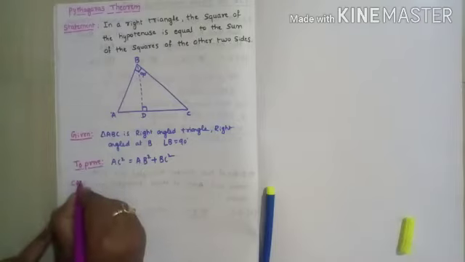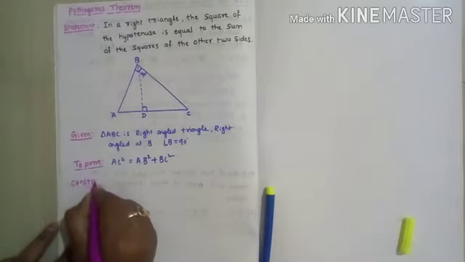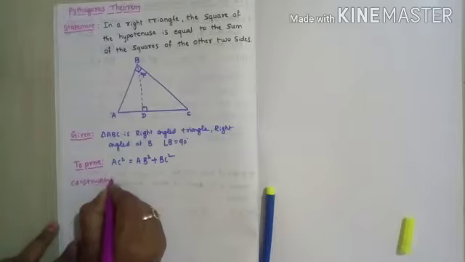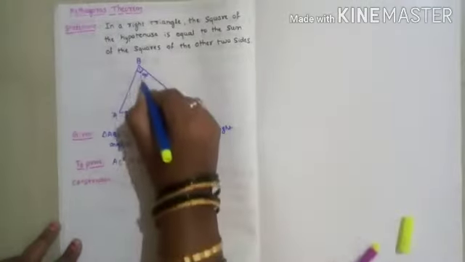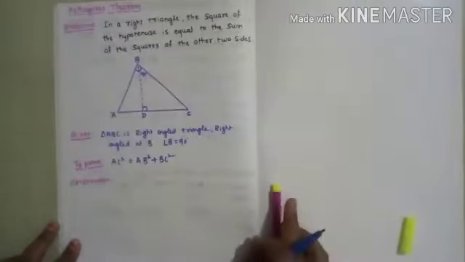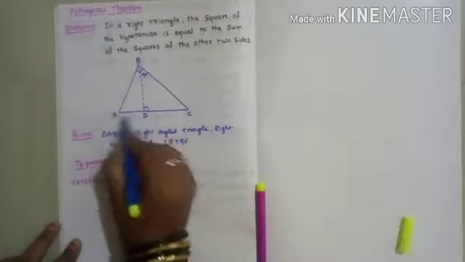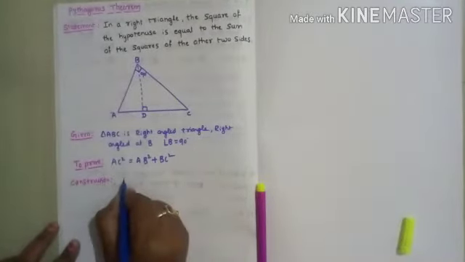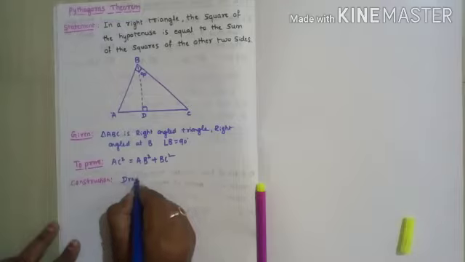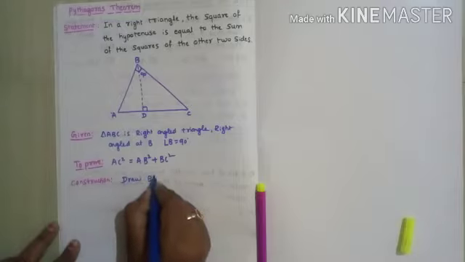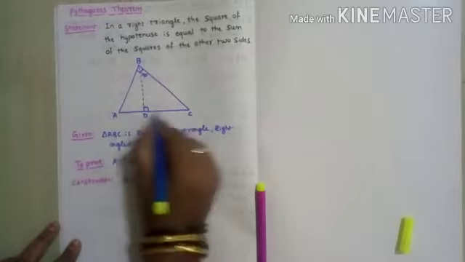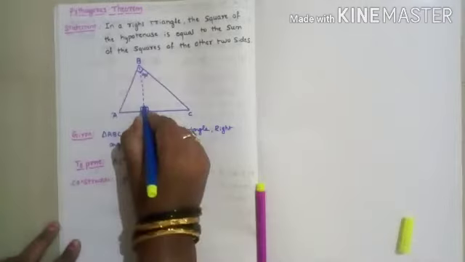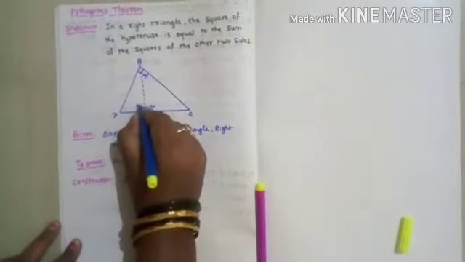Construction. I already did it in the diagram. Here this dotted line BD is perpendicular to AC. We have to draw BD perpendicular to AC, which means here it is 90 degrees. This is also 90 degrees, this is also 90 degrees.